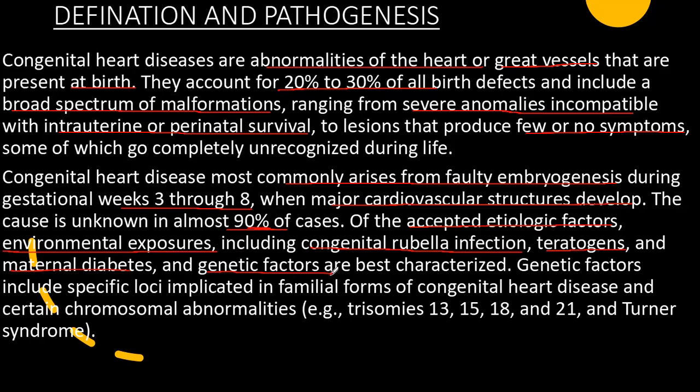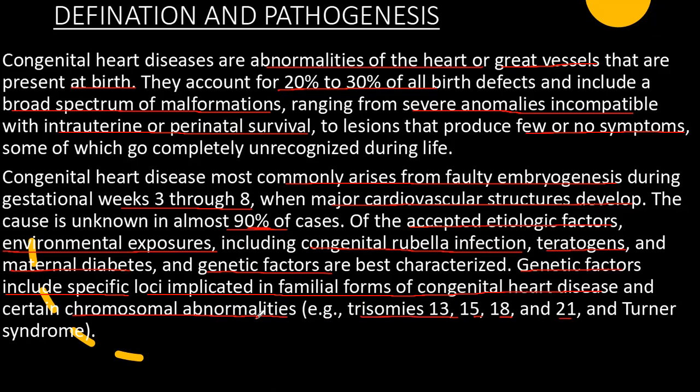Okay, they are implicated in the causation of congenital heart diseases. Genetic factors include specific loci implicated in familial forms of congenital heart disease and certain chromosomal abnormalities such as trisomy 13, 15, 18, Down syndrome and Turner syndrome XO.